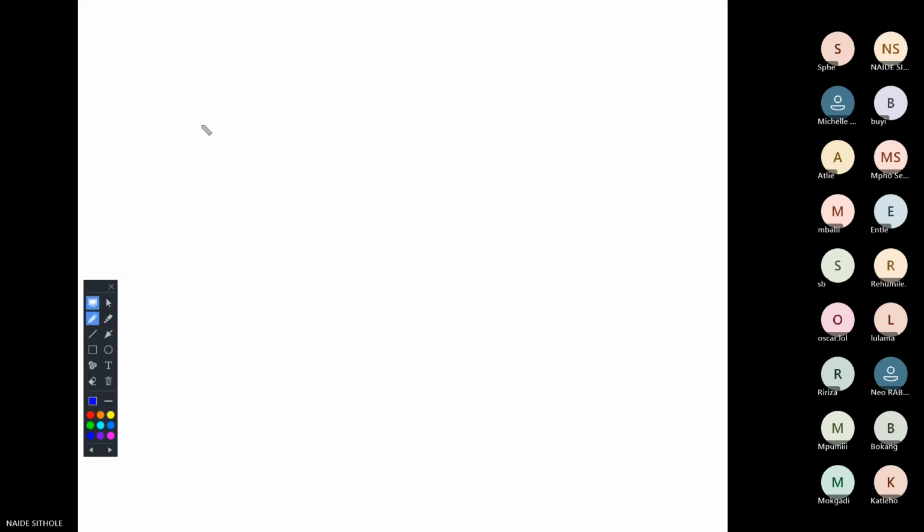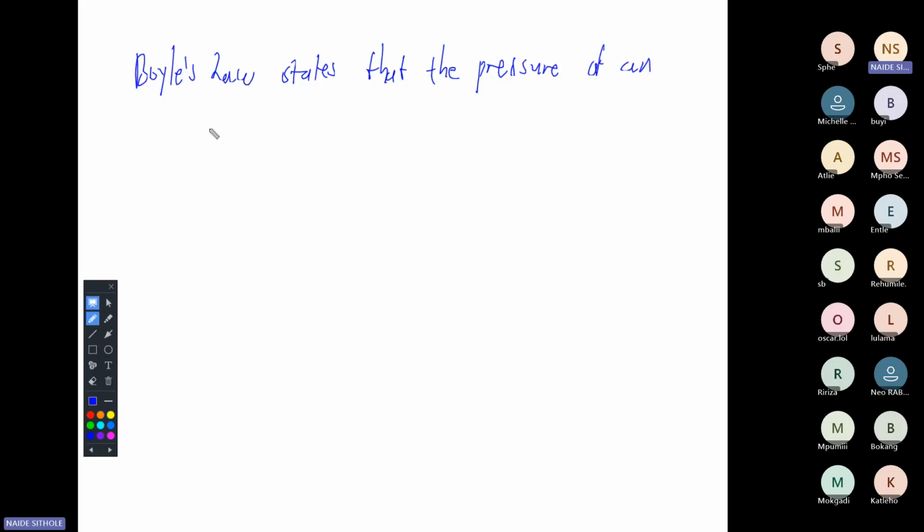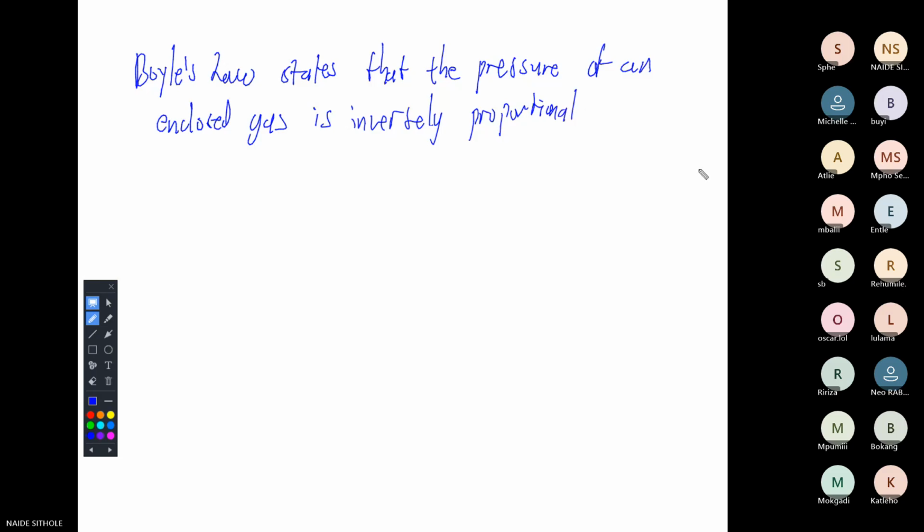So Boyle's law states that the pressure of an enclosed gas is inversely proportional to the volume it occupies at constant temperature.